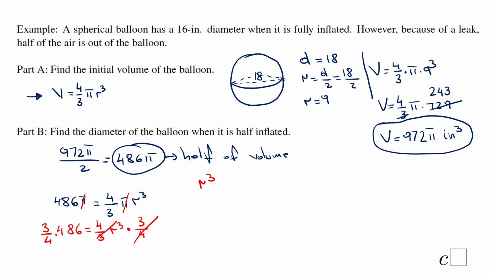Okay, I end up with 364.5. So now we need to find the number that raised to the third power is this. That's not going to be possible. We have to take this cubic root.